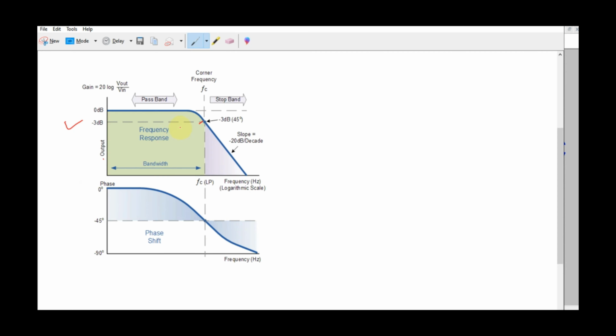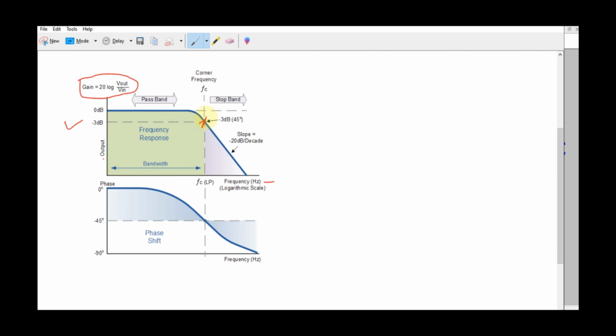You can see here this is the output in dB, and this is the frequency in hertz. These are logarithmic scales. The gain of your low pass filter is given by gain = 20 log(Vout/Vin), and this is the pass band up to your corner frequency.